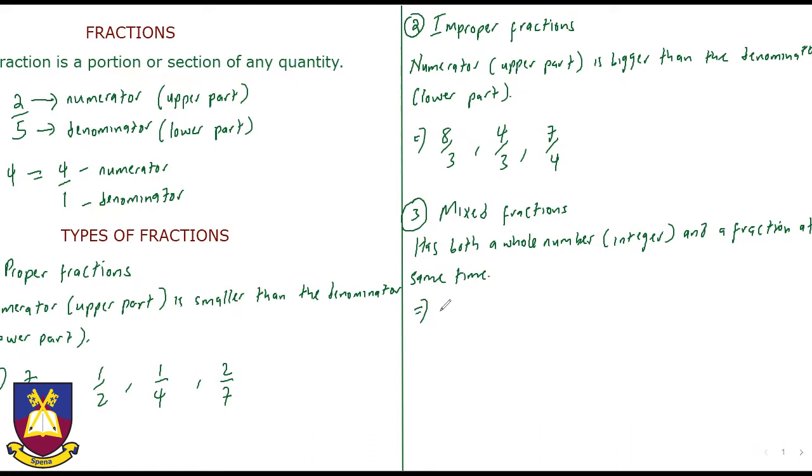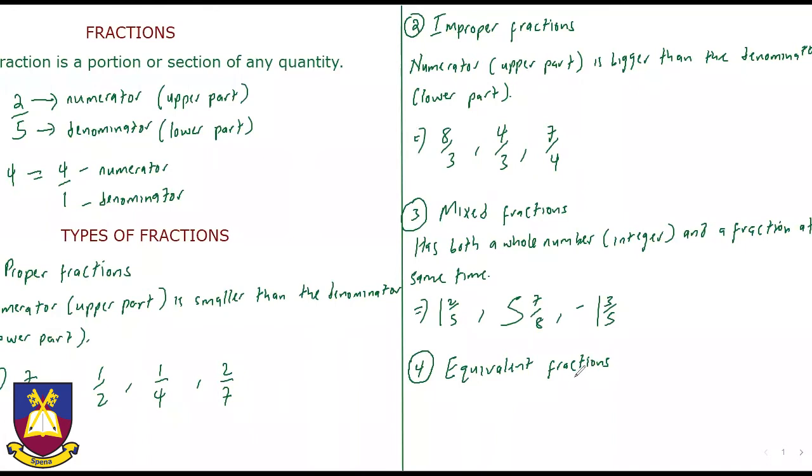For example, 1 whole number 2/5 is a mixed fraction because it has a whole number and then a fraction. And this fraction is normally proper. You could have 5 whole numbers and 7/8. It's a mixed fraction. You could have -1 whole numbers and 3/5. This is also a mixed fraction.